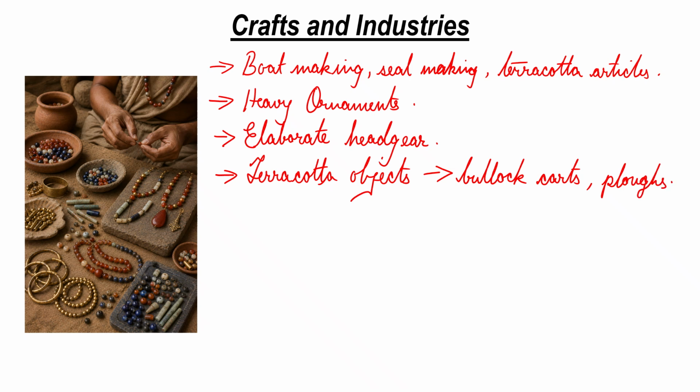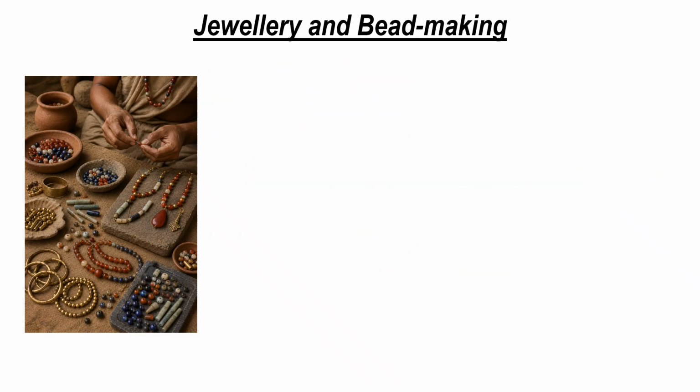What are plows? Plows used to look somewhat like this. So they used to dig the soil here. Soil will be here. They used to dig the soil. So these were plows. Now we will go into details about jewelry making and bead making.